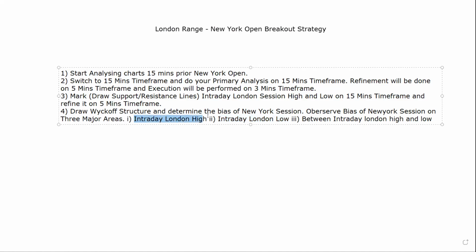Then at intraday London high, the price becomes overbought, reverses, and resumes the downtrend, or keeps ranging between intraday high and low. Any type of situation can occur. But what I mean to say is that we have to observe the New York session bias on these three major areas: intraday London high, intraday London low, and between intraday London high and low. I will explain what it means later in this video.